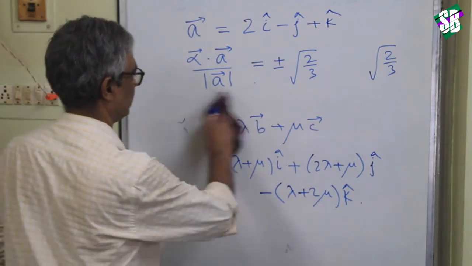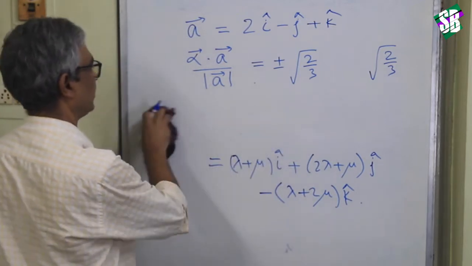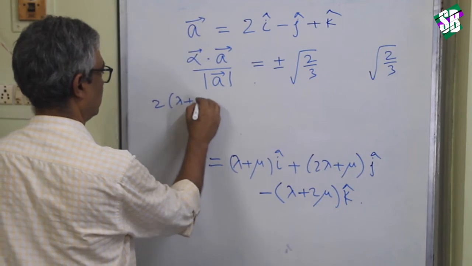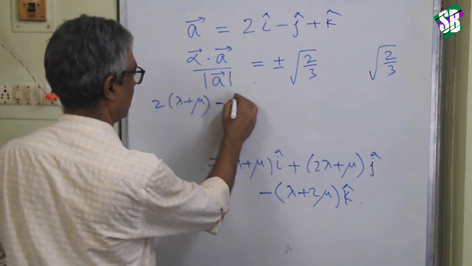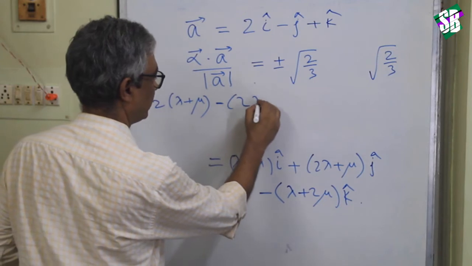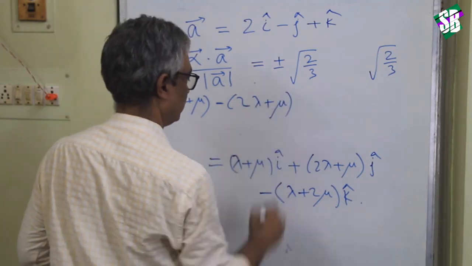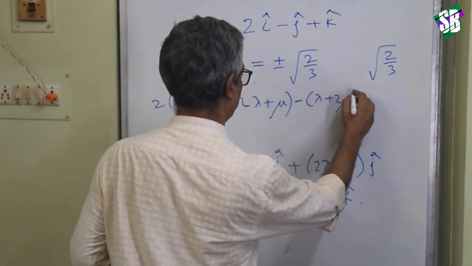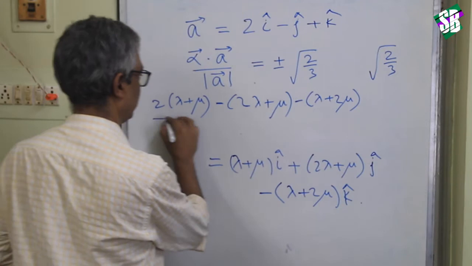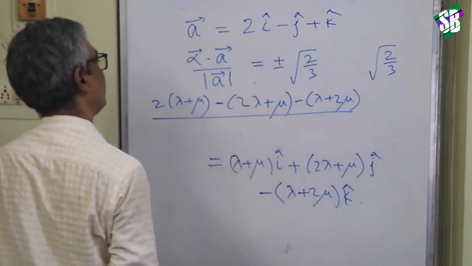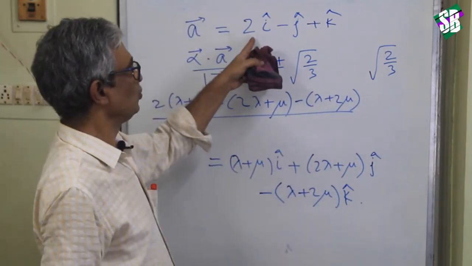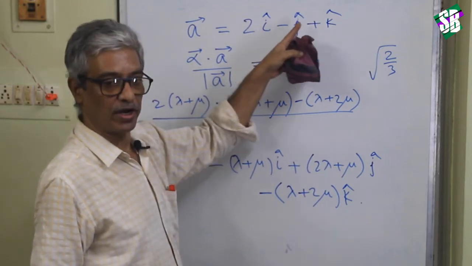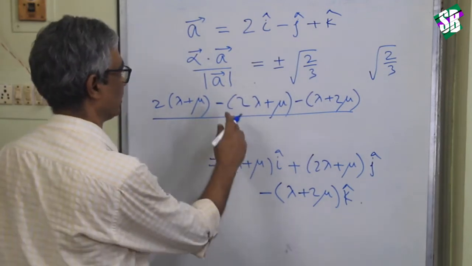So what is alpha vector dot a vector? This is 2 lambda plus mu, minus 2 lambda plus mu, and minus lambda plus 2 mu, right? This is alpha vector dot a vector divided by mod a vector. Mod a vector is 2 square plus 1 square plus 1 square, that is 4 plus 1 is 5, plus 1 is 6, so root 6.